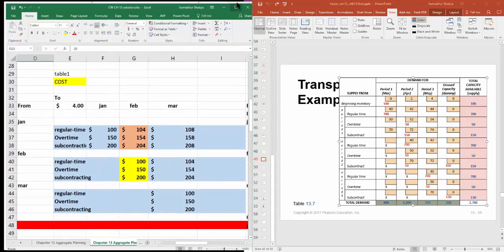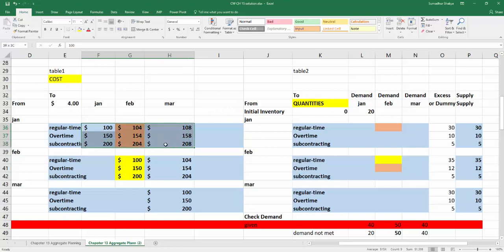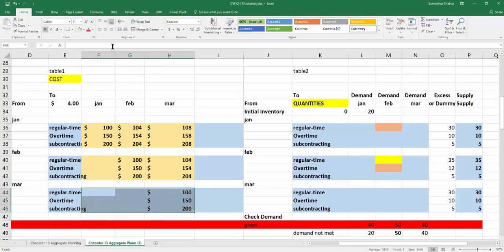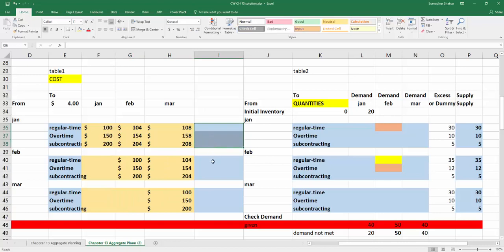So all of my costs, let me color them the same as this, this, and this. Oops, I forgot this one. Okay.